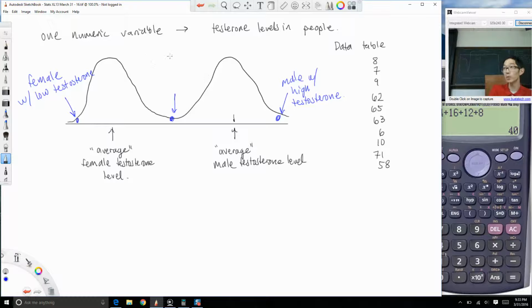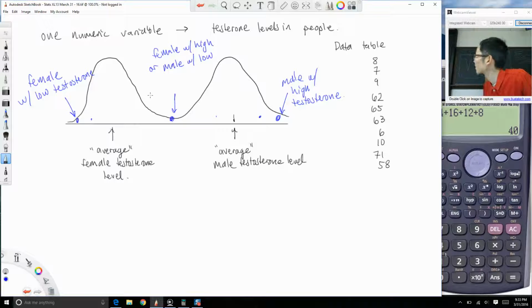It could be a female with high testosterone or a male with low testosterone. That could actually be the case with anybody. You could have a female out here with unusually high levels of testosterone, or a male down here with unusually low. But overall, the pattern would be something like this.